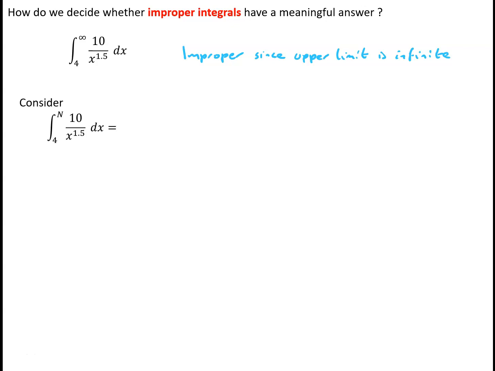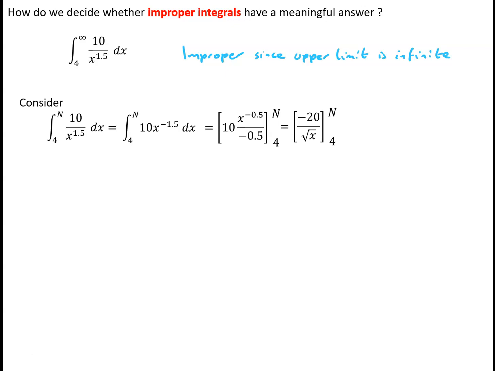Doing the integration, 10 over x to the 1.5 is going to integrate to 10 times x to the minus 0.5 divided by minus 0.5, which is the same thing as minus 20 x to the minus 0.5, or minus 20 divided by root x.